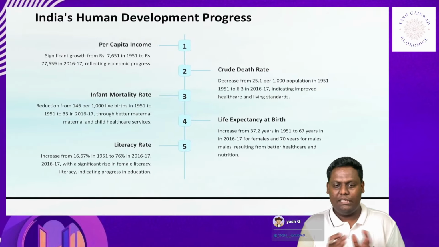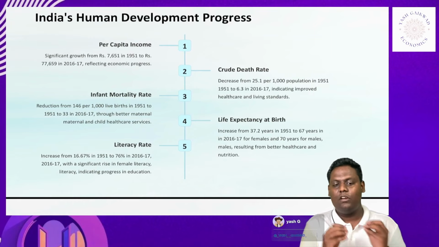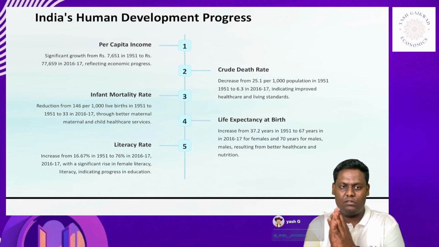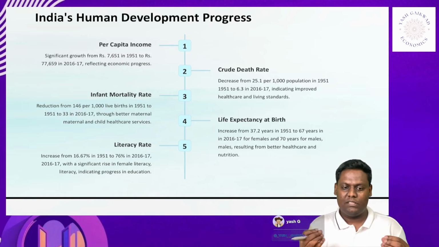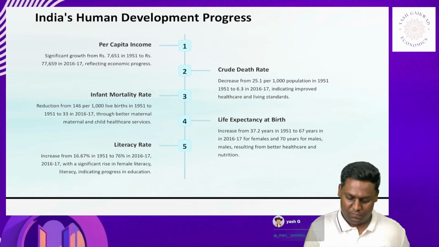So you can see that there's direct correlation between investment in health and education to overall development in the quality of life that one enjoys, whether it is resulting in immediate productive gains or not.